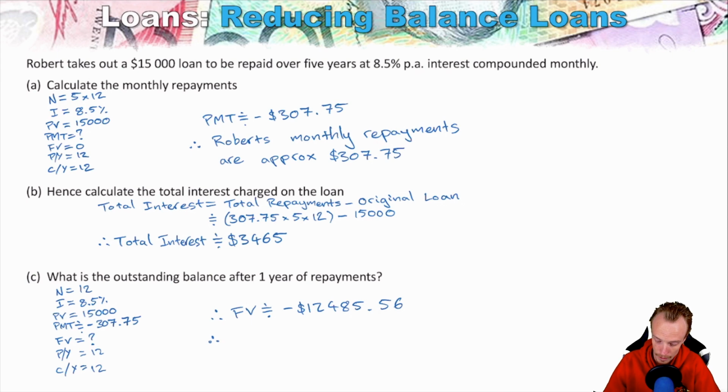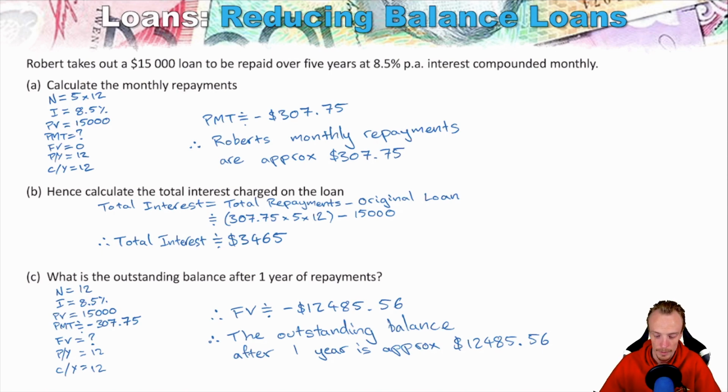So therefore, the outstanding balance after 1 year is approximately $12,485.56.